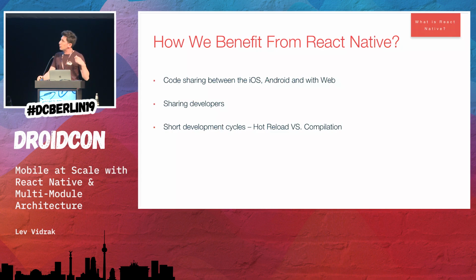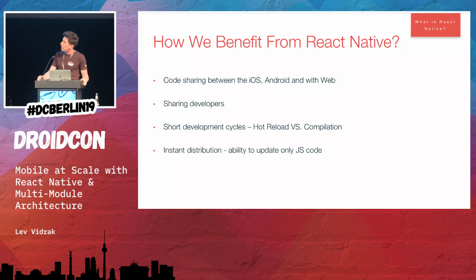Our development cycles are becoming much shorter because we don't need to compile the full application. We only change the JavaScript, and we have working hot reloading and we see the changes immediately on our simulators and our emulators in Android, or devices.